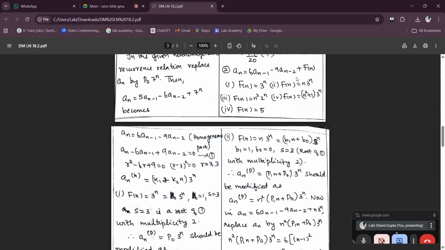Case number two. If right hand side is equal to constant, okay, then AP will be A. Okay, understood?